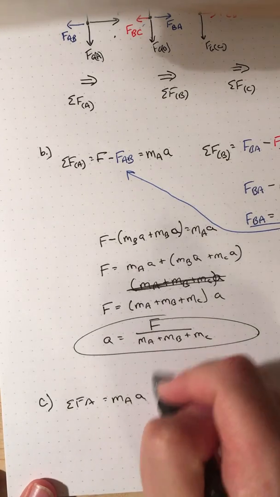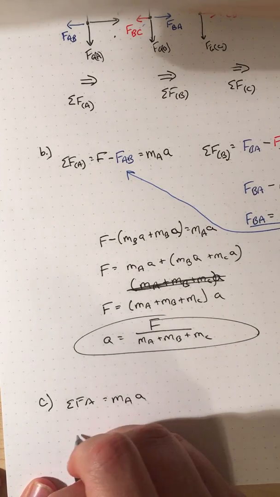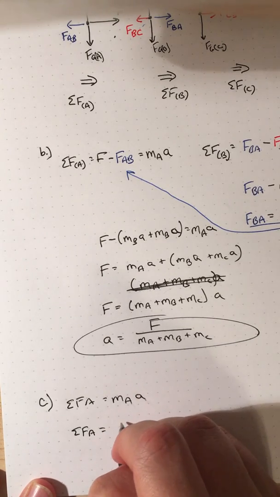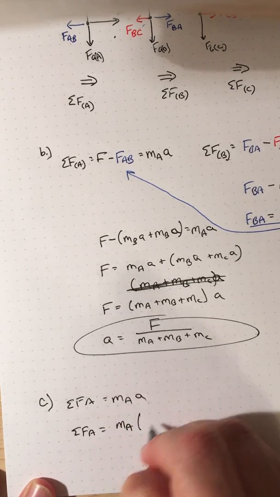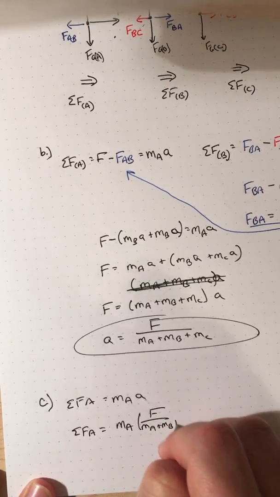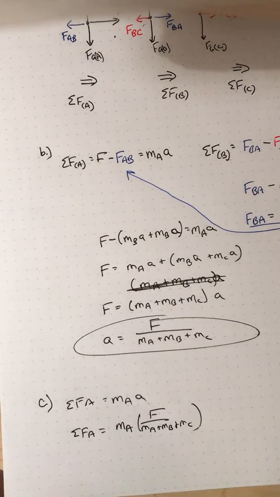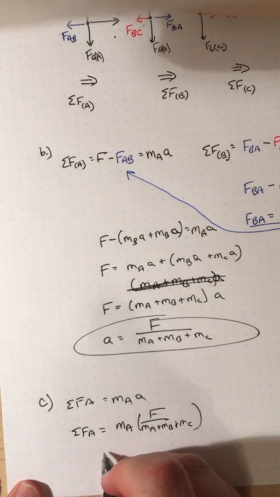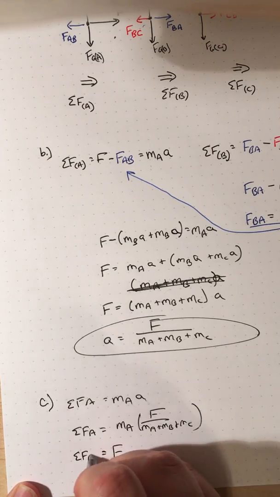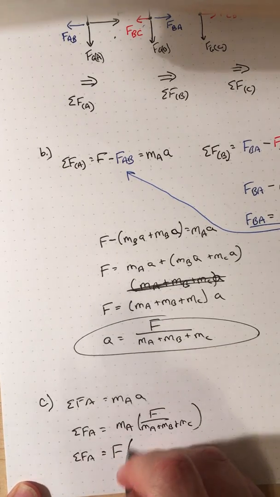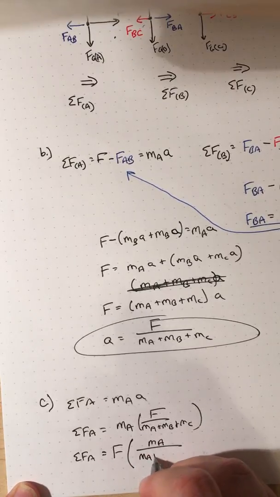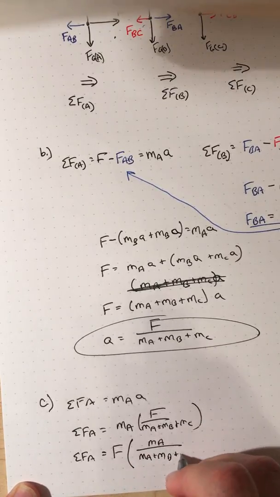So when I plug that in, I get that the net force on A is MA times F over MA plus MB plus MC. Or, put another way, the sum of forces on A is equal to the force times MA divided by MA plus MB plus MC.